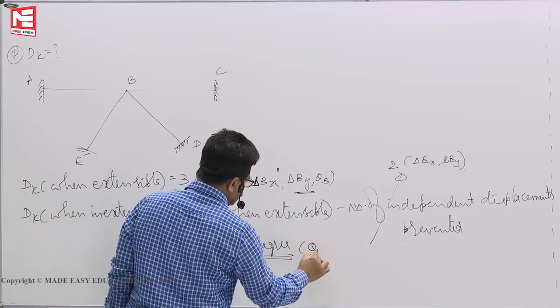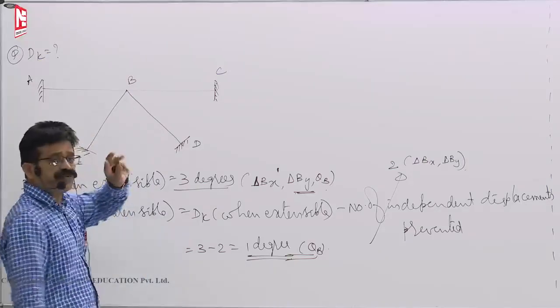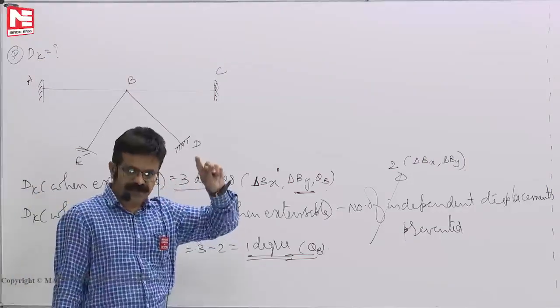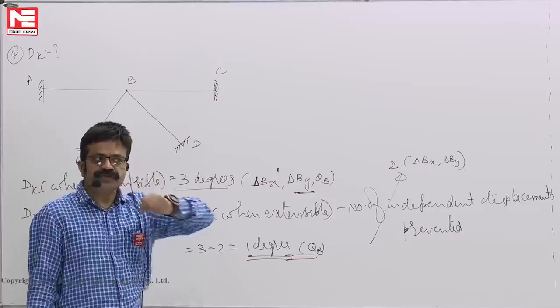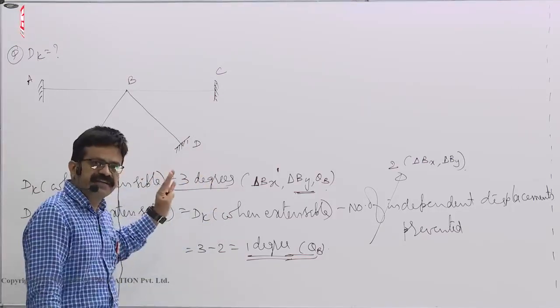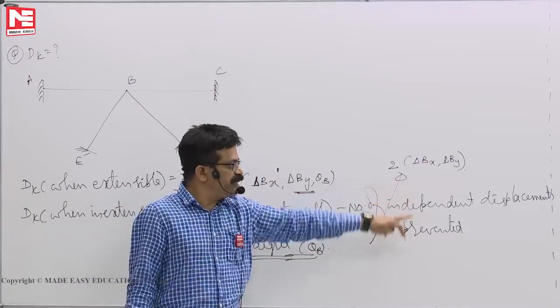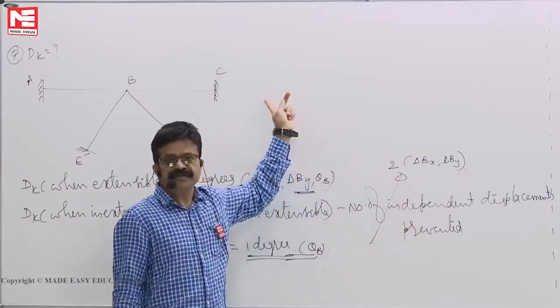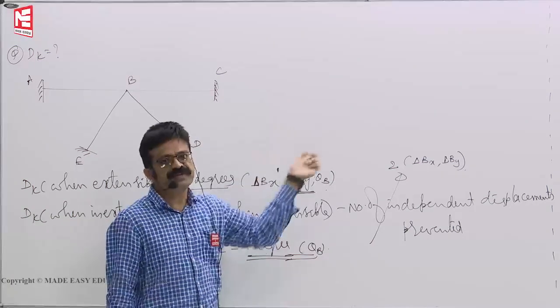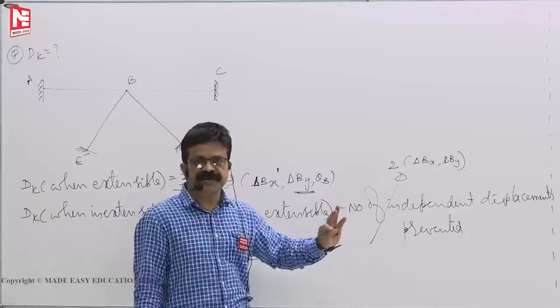What is that 1 degree? Theta B. Though there are 4 axially rigid members, the 4 deformations are not independent. When they are interrelated, you cannot prevent 4. Earlier, if 1, 2 or 3 members were there, you subtracted 1, 2 or 3.